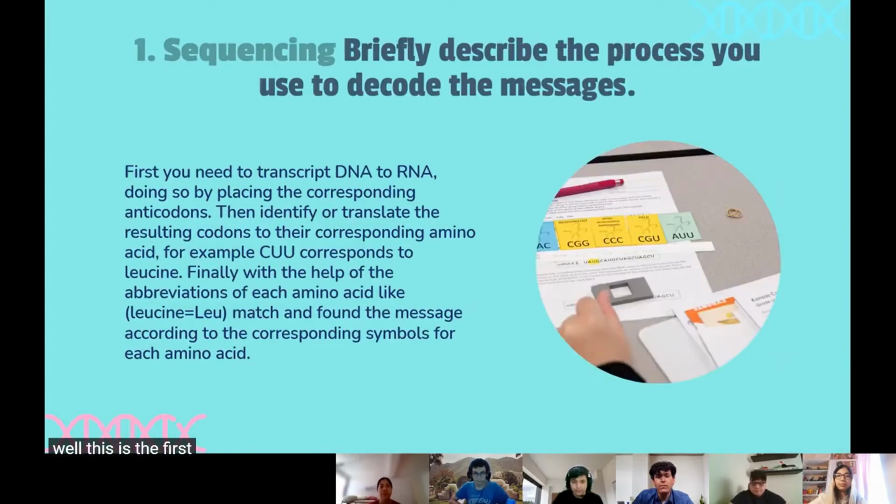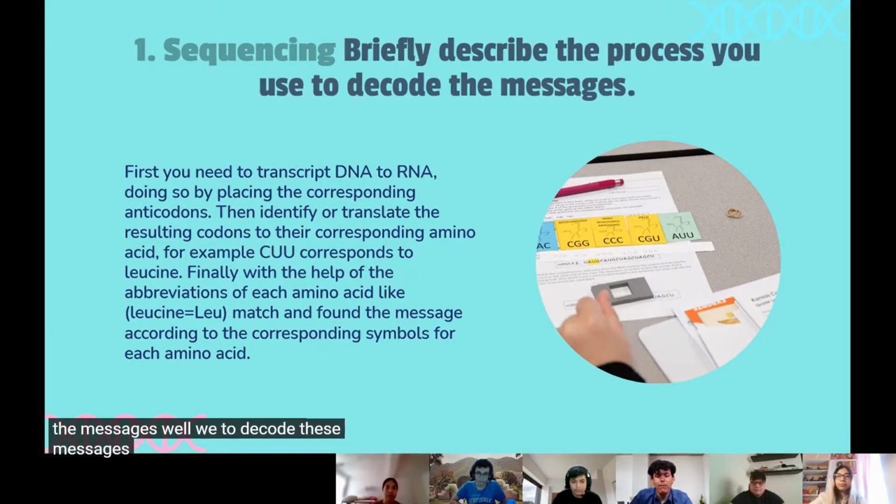Well, this is the first part, the first question about sequencing, and we had to briefly describe the process we use to decode the messages. To decode these messages, in the first instance we have to transcribe the DNA to RNA.